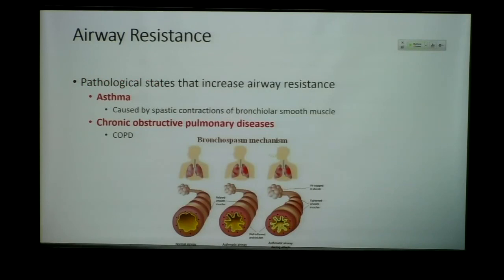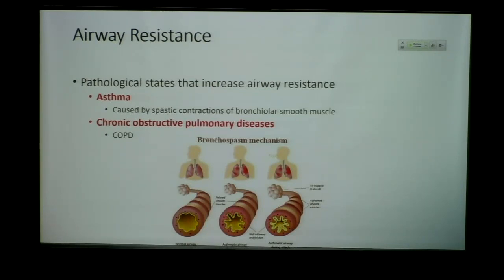Okay, so let's speak about two pathologic states of airway resistance. We have increased resistance with asthma, as I was mentioning earlier, as well as COPD, which is chronic obstructive pulmonary disease. Now, we don't know a whole lot about what causes asthma, but we do know that it's a spasm of the smooth muscle that lines the bronchioles.